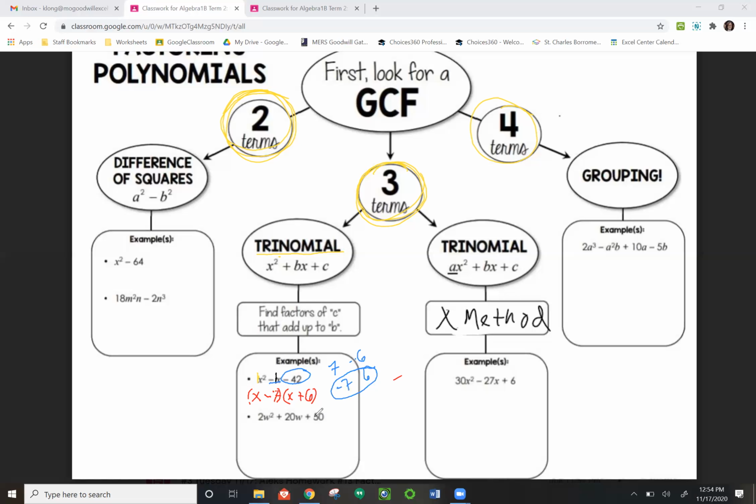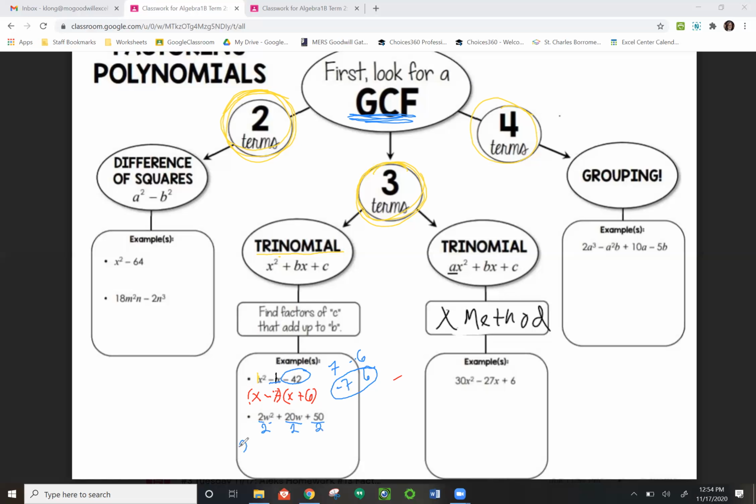All right, so for our next example, they have it so that we have a trinomial, okay? And let's think about what our first step should always be when we're factoring. Our first step should always be, hey, is there a greatest common factor? And I'm looking here, and it looks like there's a 2 that I could divide evenly into all 3 of my terms.